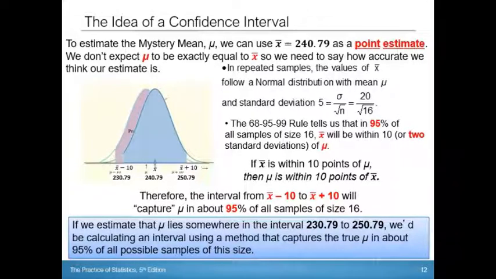It means if we repeat this process, take a sample of size 16, calculate its X bar, then go plus or minus 2 standard deviations of the sampling distribution, so plus or minus 10 from each of the X bars, then we would have lots of different confidence intervals, but 95% of the confidence intervals from those samples of size 16 would capture the true mean.